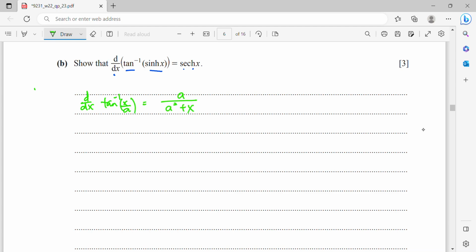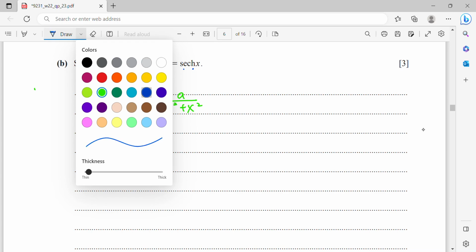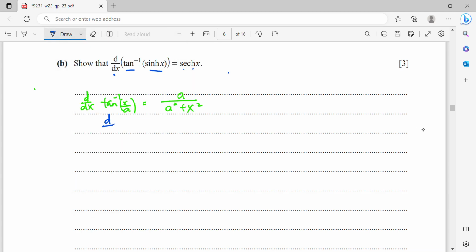This is the formula, whereby the a is a constant. So now we need to show d over dx of inverse tangent sinh x. So I will start with the substitution that u equals sinh x. So du/dx will be cosh x.